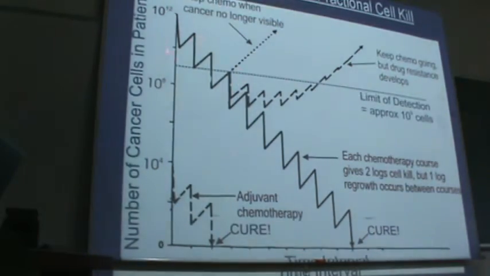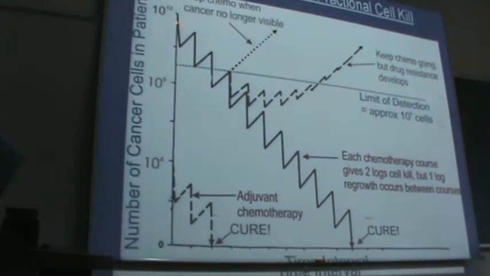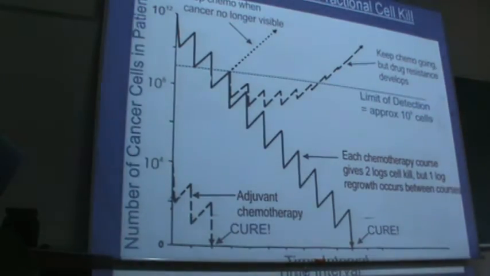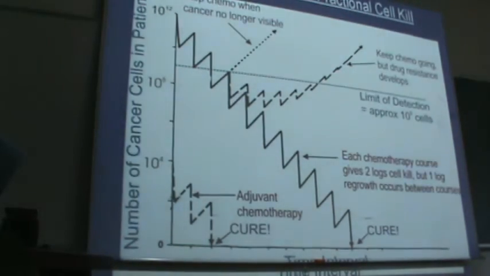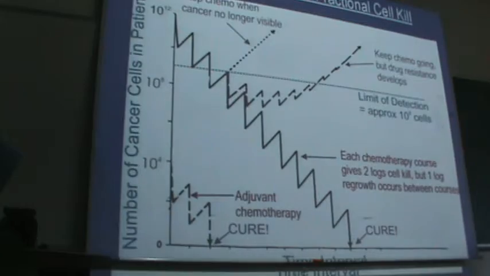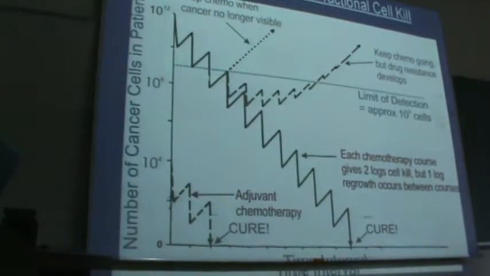So if we start, for example, using chemotherapy with this bulk of the tumor, as we said, it is the second logarithm, first cell kill. When you start to give the chemotherapy, it will be reduced by 2 logs, so that it will be 10 to the power 10, okay?